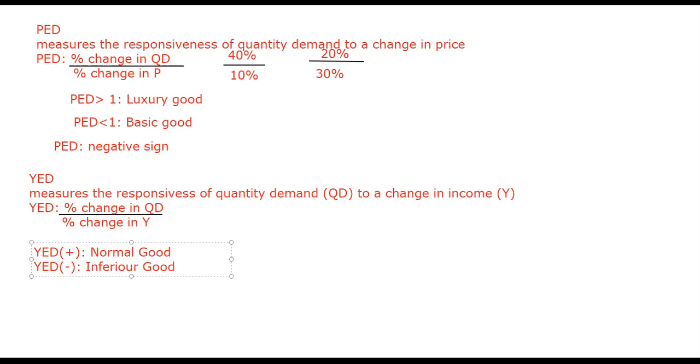The increase in income has caused a decrease in quantity demanded. So the relationship is negative: when one variable increases, the other decreases, so it gives you a negative sign.